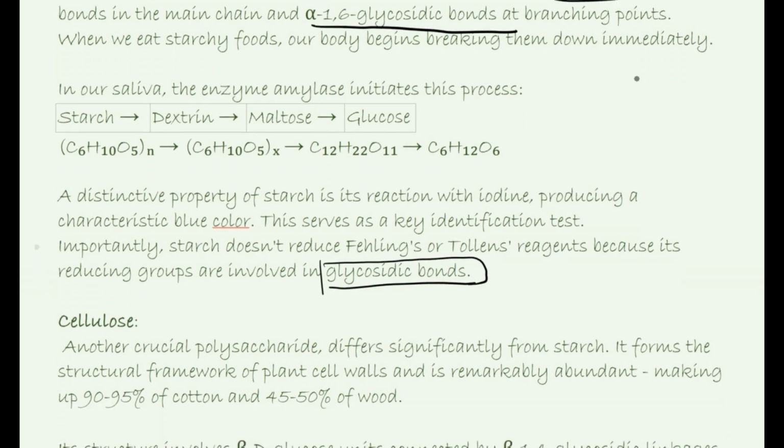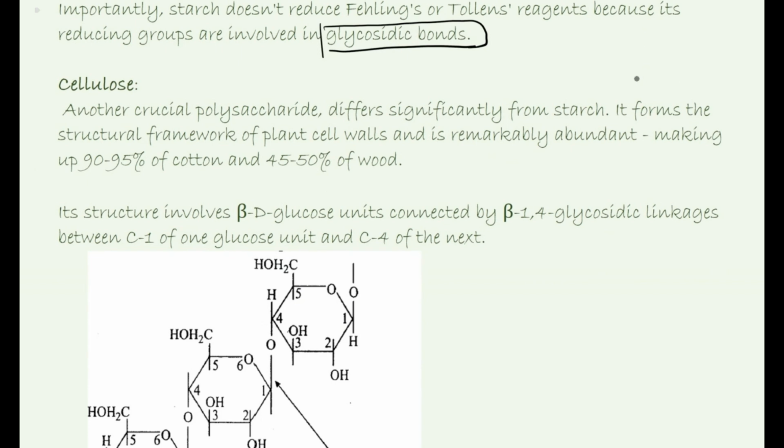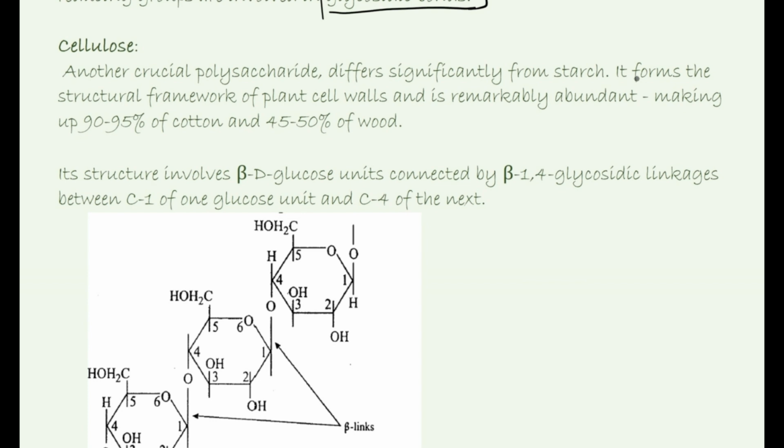Okay. The second important polysaccharide is cellulose. It is different from starch. We saw that word cellulose, it's from plants, isn't it? So it is the structural framework of plant cell walls and is remarkably abundant.